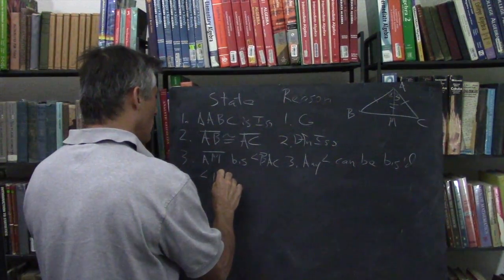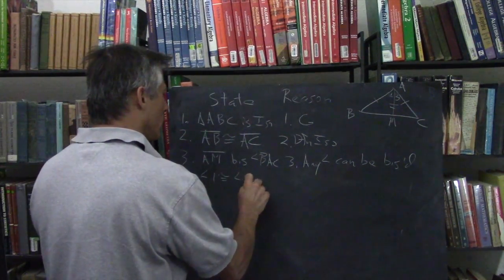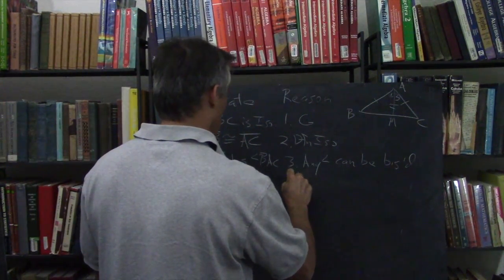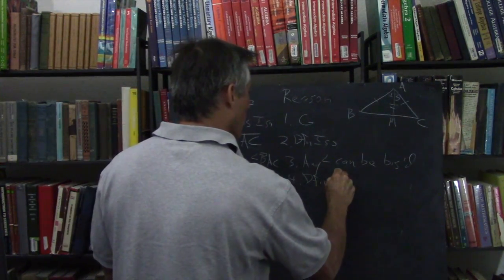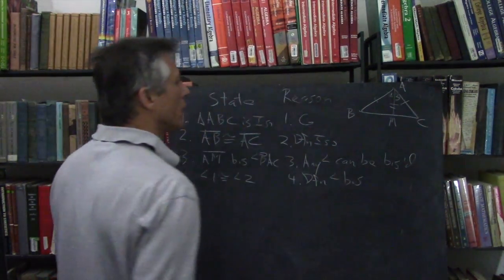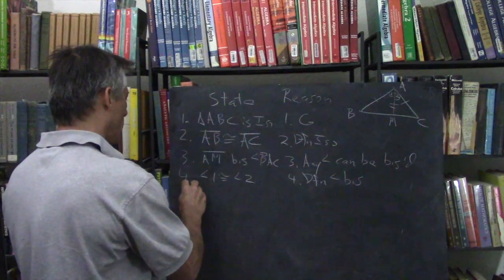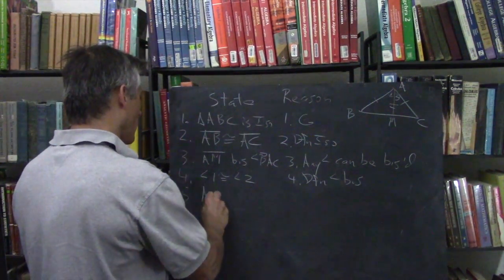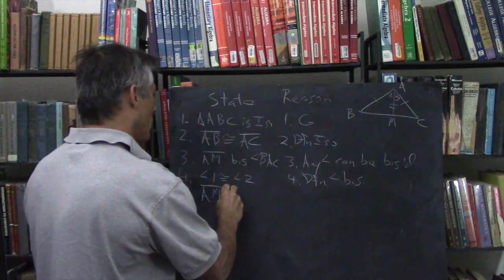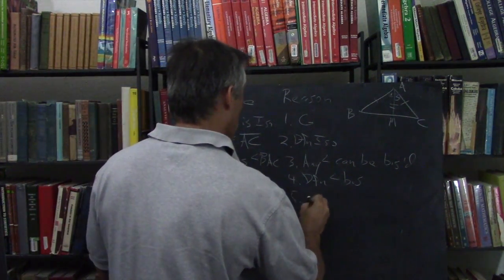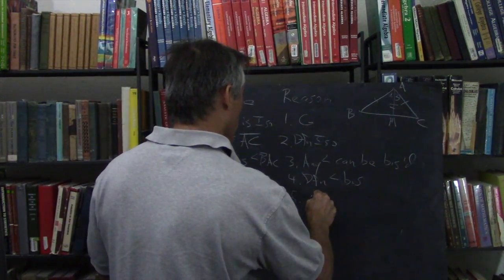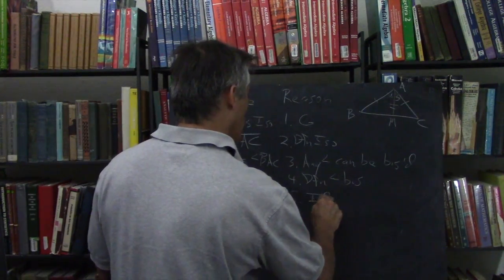Angle 1 congruent to angle 2. Definition angle bisector. But we see AM congruent to itself, identity.